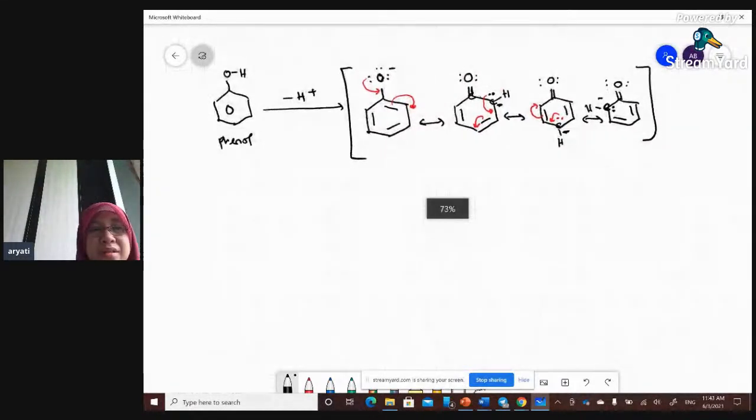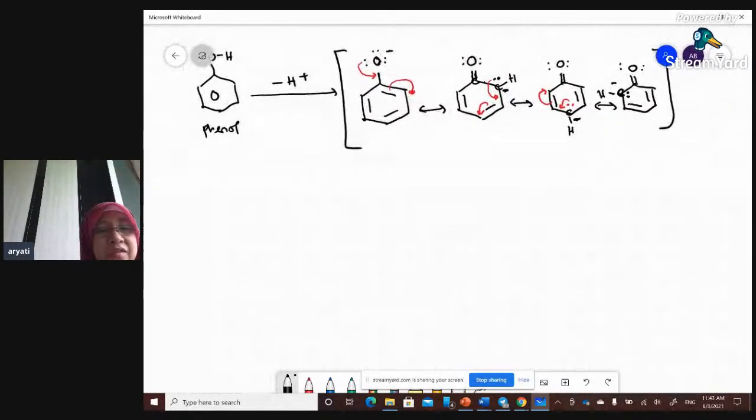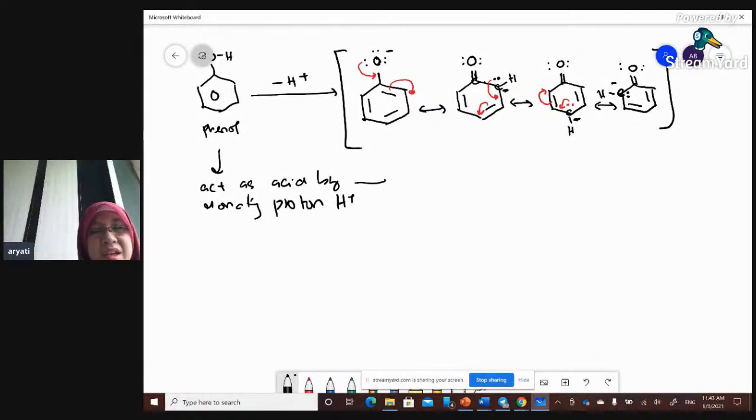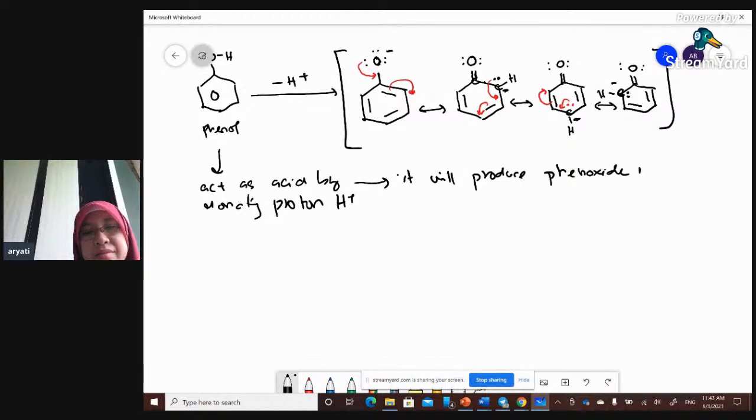So when phenol act as acid by donating proton H plus, it will produce phenoxide ion. Ini semua phenoxide ion. Ini ialah resonance structure untuk phenoxide ion.